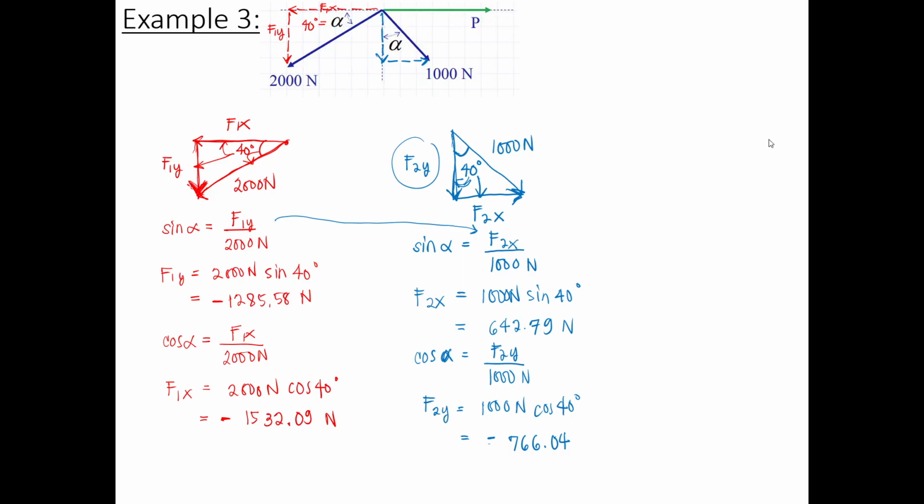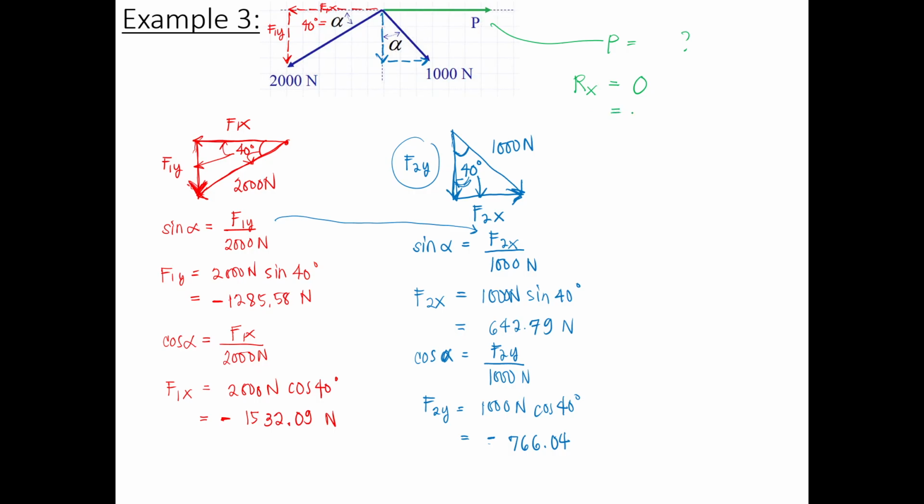Again, the problem is asking for the value of P, the third force. We don't know the value of P yet. As mentioned, P gives a resultant that is a vertical force. As I wrote down earlier, since it's a vertical force, the horizontal force is 0.